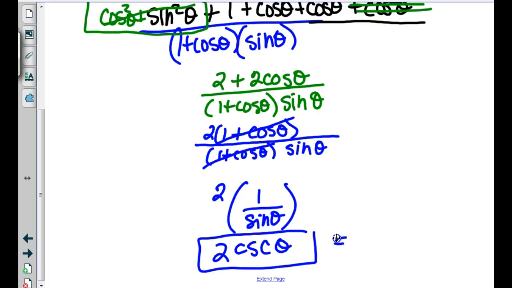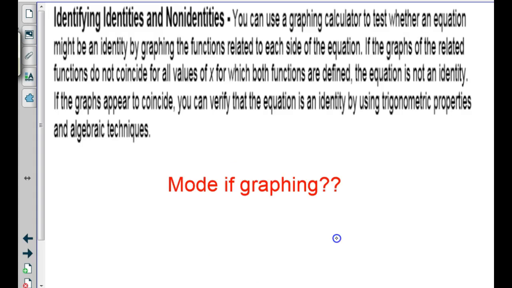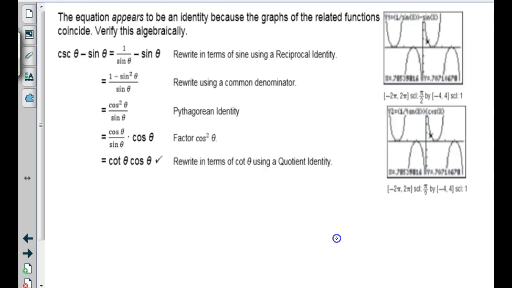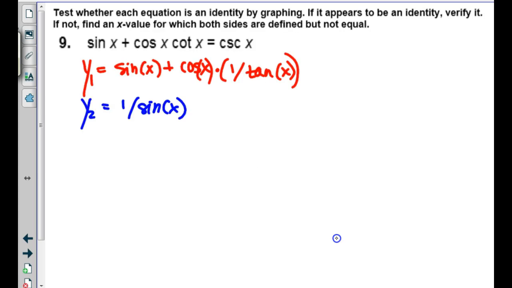I'm not going to spend time on this because I checked your homework and it's not on there. The bookwork has some questions that I didn't assign apparently, but where you plug these in, like you put in y1 the left-hand side, and how do you get a cotangent, guys? You could type cosine over sine, or you could type 1 over tangent, right? Because your calculator has those things.